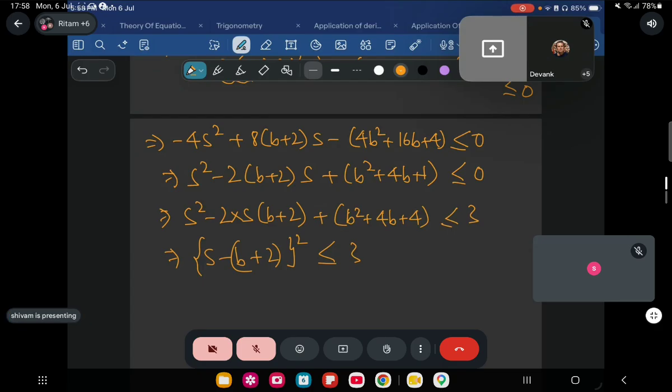Whenever the quadratic is given in some trigonometric ratio, it is better to always make a perfect square while solving.